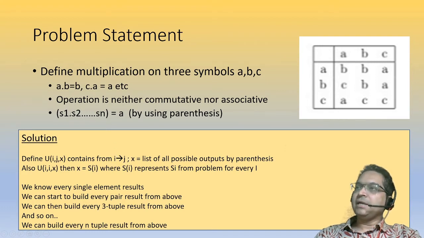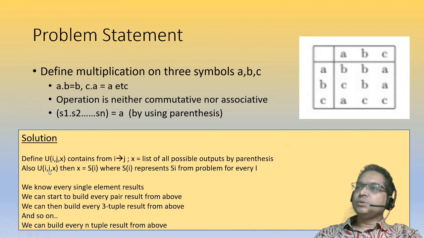If you multiply the subsection of this string, Si through Sj, and take all possible parentheses in that, that is x. So x is a list of all possible outputs by parenthesizing this string from i through j.